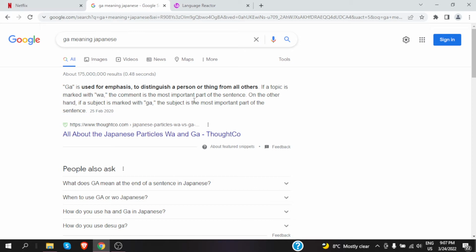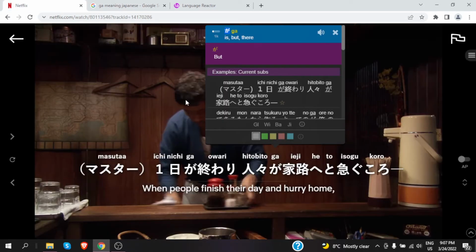That is pretty weird, but I think I understand what's going on. If this said wa, ichi nichi wa, the rest of the sentence would be the most important thing. But if it says ga, the subject is the most important thing.